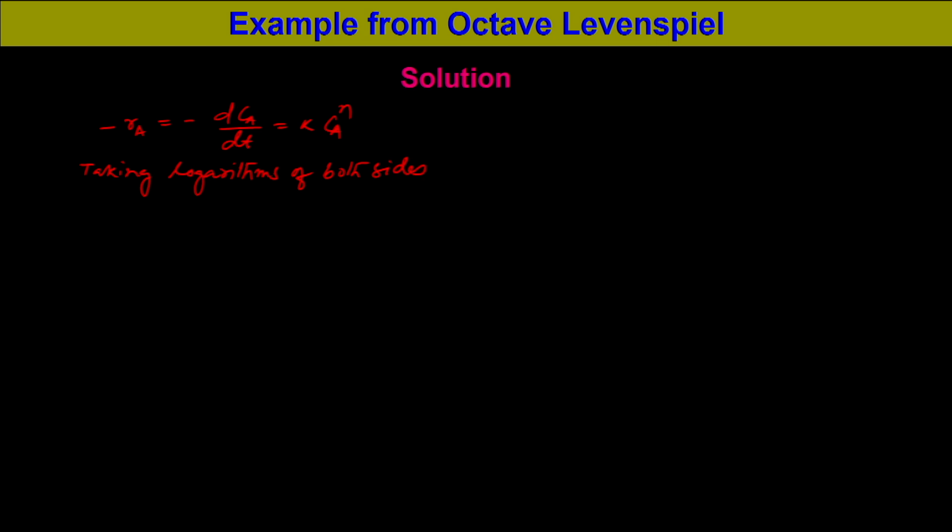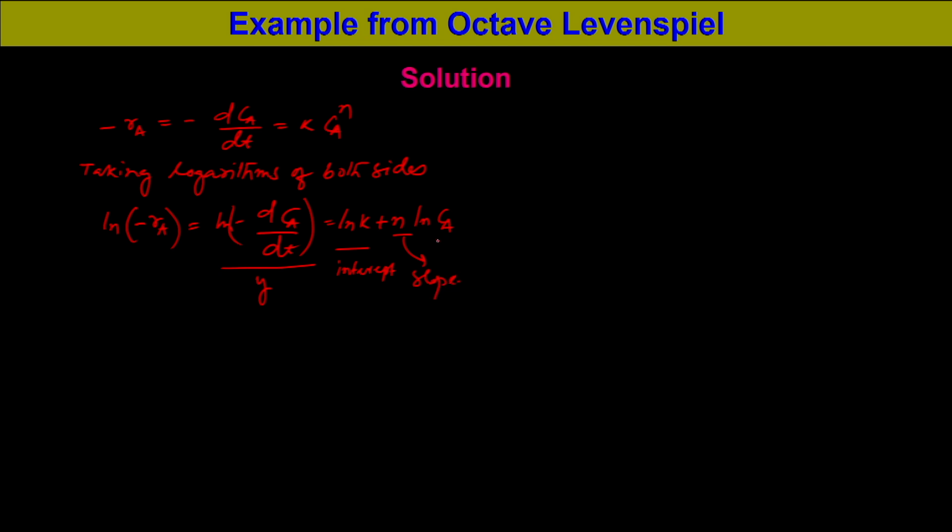Then we can write ln of minus R A, which is ln of minus dCA dt, would be equal to ln k plus n into ln C A. So, as we have said, this is y, this is intercept, this is slope and this is x.